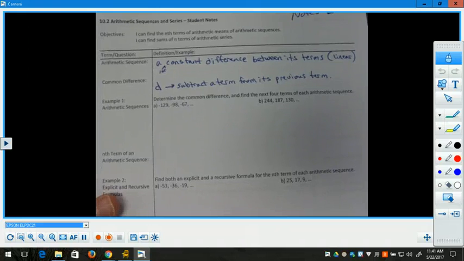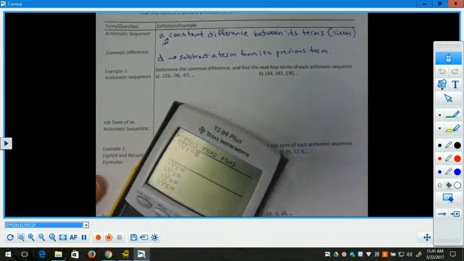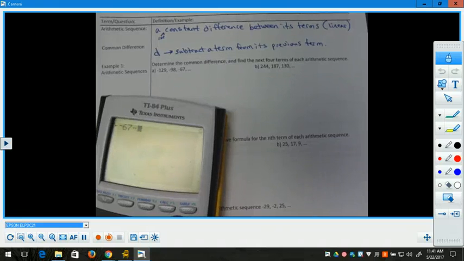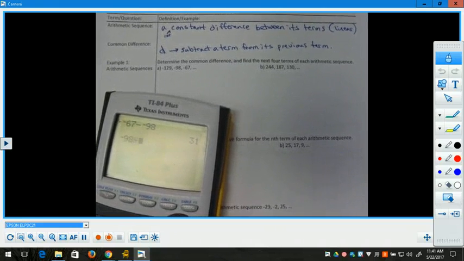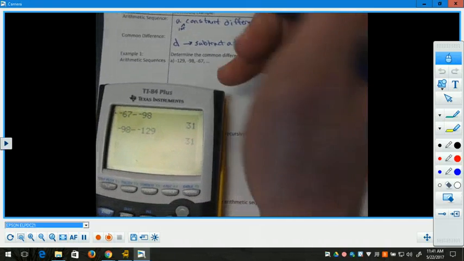Determining the common difference. Example 1: find the next 4 terms in each arithmetic sequence. Well, negative 67. Some of us already see the pattern, that's great. Negative 67 minus negative 98. Negative 98 minus negative 129. We get a common difference of 31.